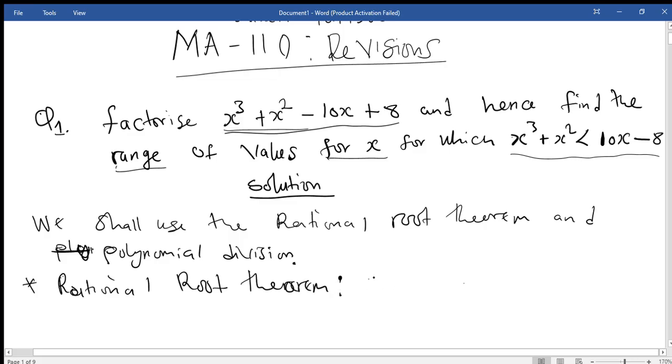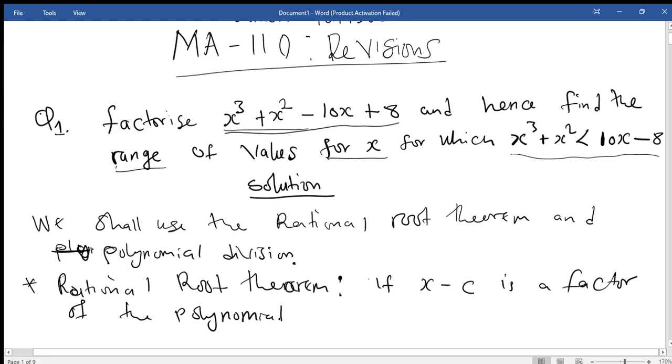This states that if x minus c is a factor of the polynomial p of x, then p of c should be equal to 0. So we have a factor, x minus c, a function given by the expression x minus c. This is a factor of the polynomial p of x.